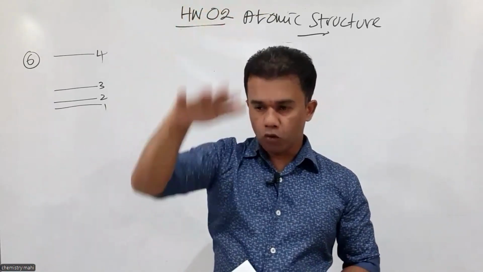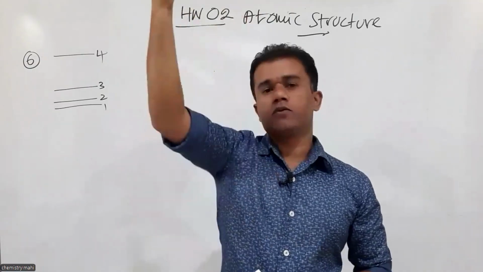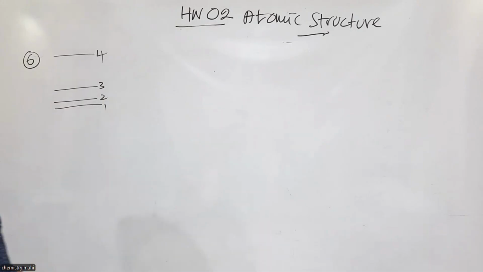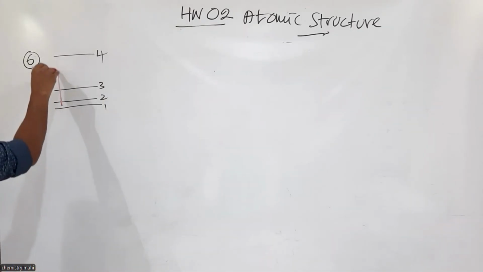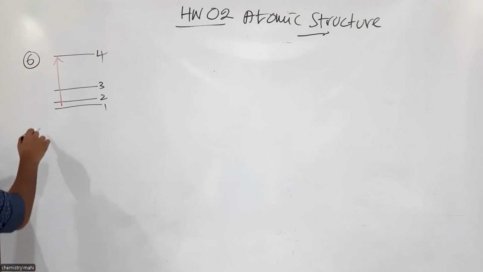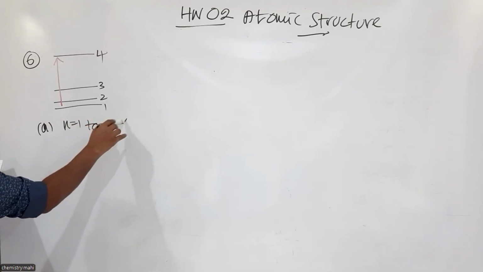The largest gap means between the lowest energy level and the highest energy level. So during the electron transition from 1 to 4, that is where you get the most, as you can see. Then part A, the answer should be n equals 1 to n equals 4.